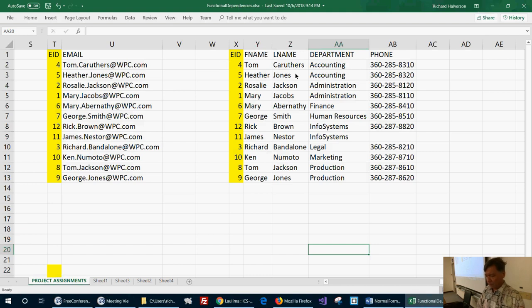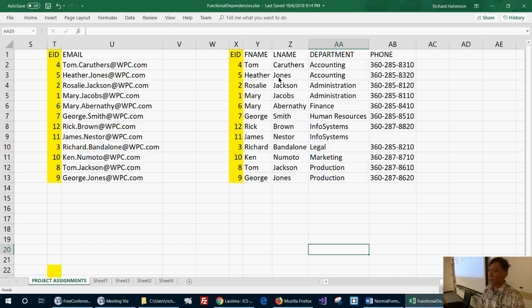So now these are all in BCNF because it turns out, if something is in first normal form and you want to determine if it's in second normal form, but the key is not a composite key, then there can't be any non-key attributes dependent on a partial key, because you can't make a partial key. So if something is in first normal form and it's a single key, then it's automatically in second normal form.